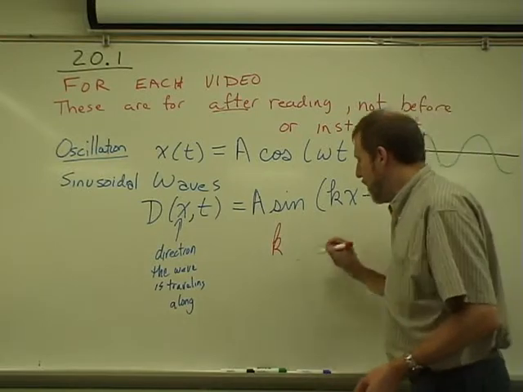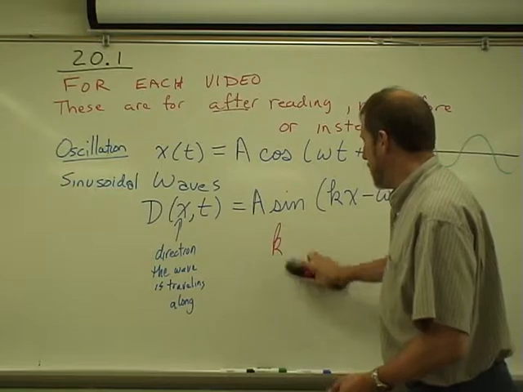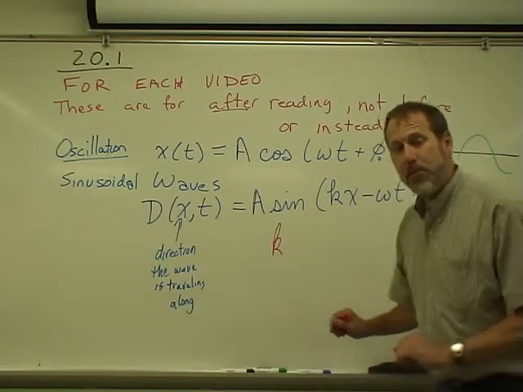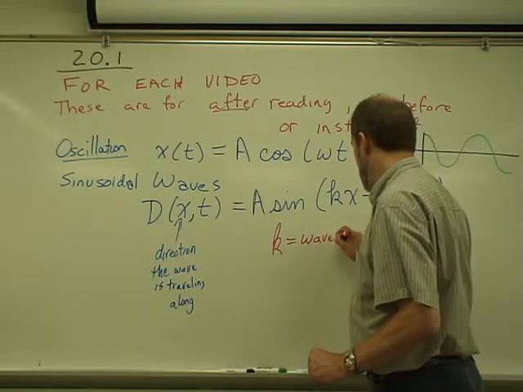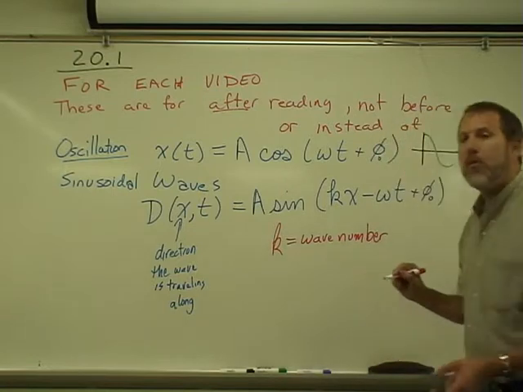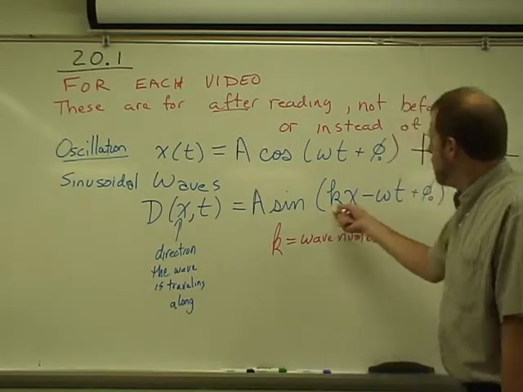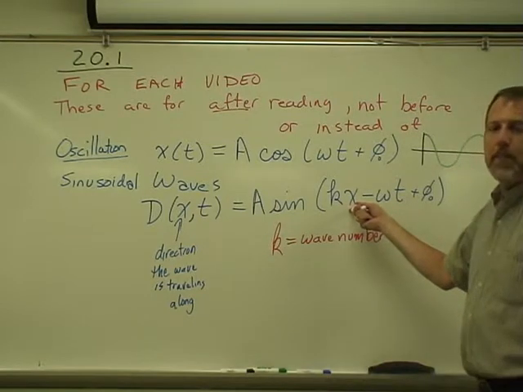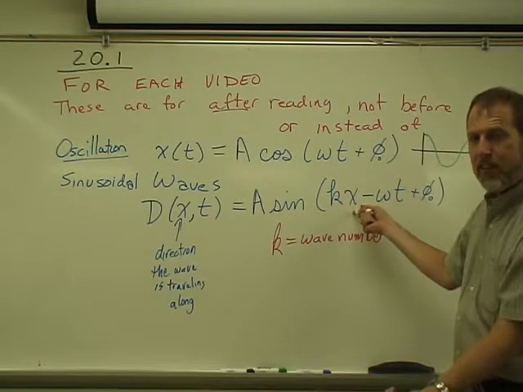So that's why I would use capital K to represent the spring constant, because lowercase k is also used to represent what's called the wave number. And in this case, the wave number is taking this position, something in space, which has units of length, and taking those units of distance away.